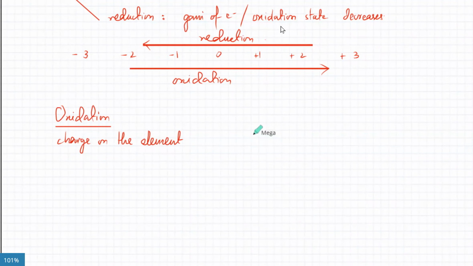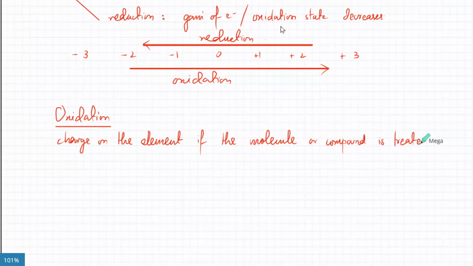Sometimes a compound will be ionic, sometimes it's going to be covalent. So the molecular compound is treated as if it is ionic. Elements don't always have charge, especially in molecules.